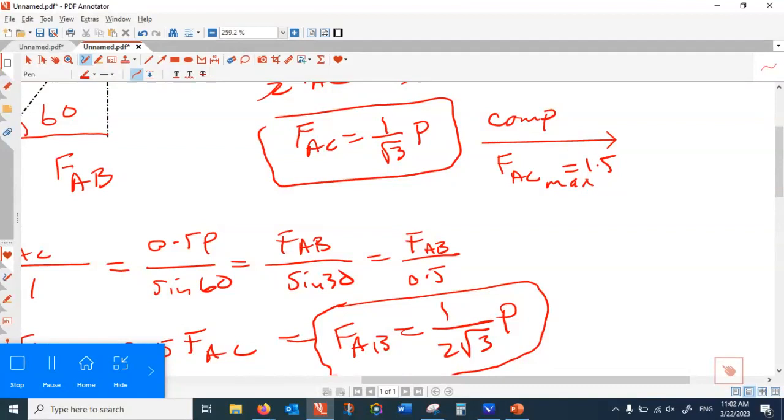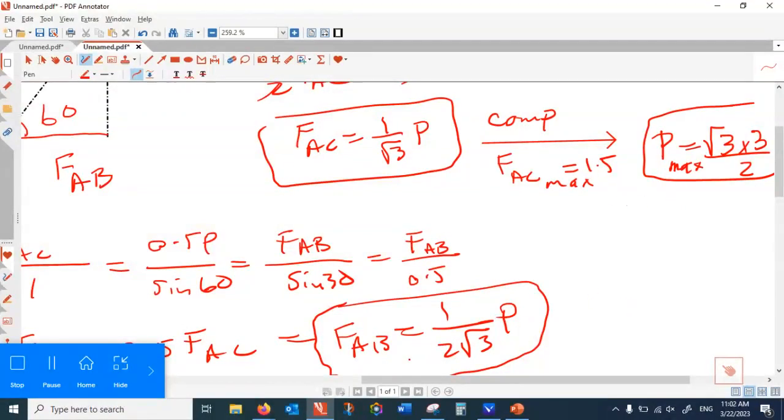Kilonewton. So 1.5 kilonewton, that is P equal to root 3 times 1.5, which is 3 over 2. All right. So that is the maximum P according to the compressive load.